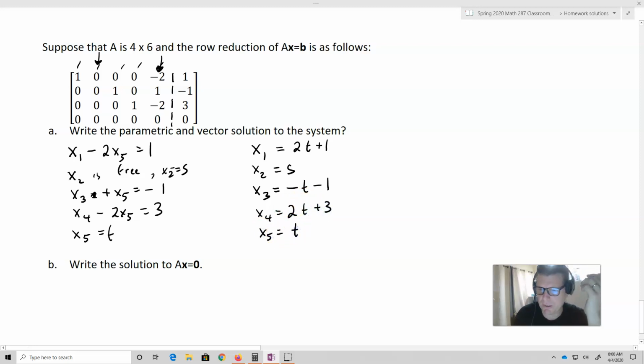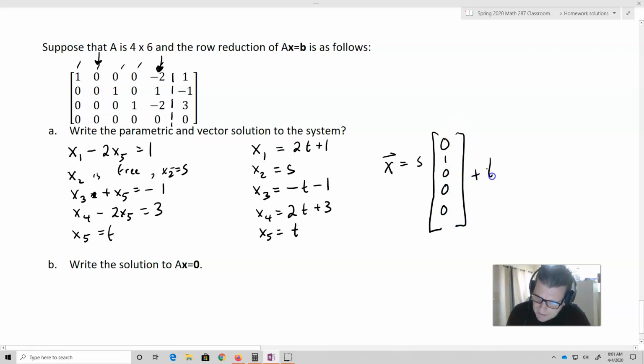And that's my parametric solution. Now x is going to equal s times, and notice there are no s's anywhere except for x2, so that's [0, 1, 0, 0, 0], plus t times [2, 0, -1, 2, 1]. And there it is.